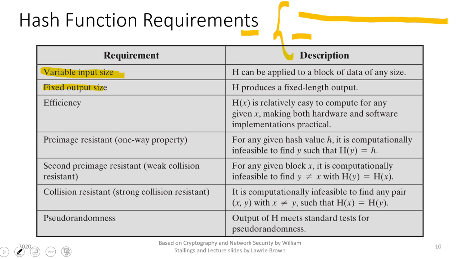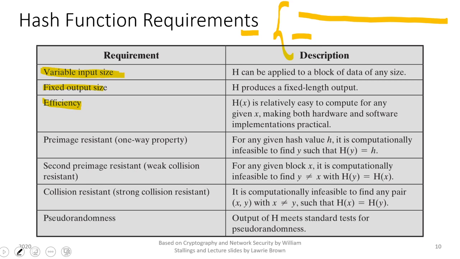Then, given the nature of the use of hash functions, we would expect them to be computed fairly easily, either at a hardware level or software level. We would want efficiency as an important factor because we would use hashing many times and check many things.